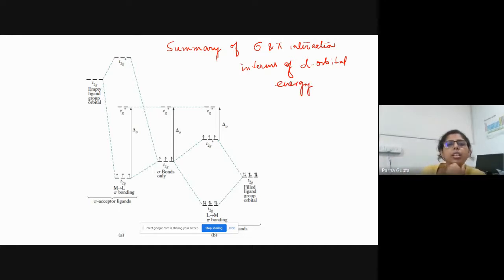Right? So this is the way we can represent both the sigma interaction. We can include the sigma and the pi interaction, and this is the final picture.